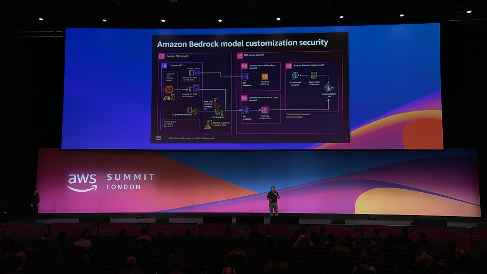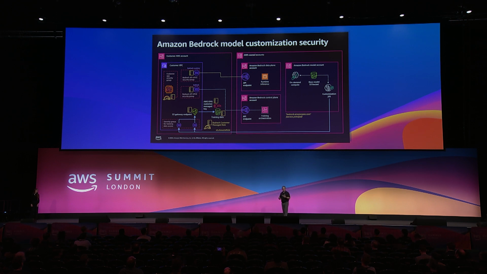Now, one thing it will then do is it will go back to your VPC. It will create two elastic network interfaces, or two ENIs, or more ENIs, in a security group that you've made available to us. That security group is allowed to send traffic to the S3 endpoints, and it's allowed to send traffic to and from itself. And these ENIs are basically used by the training job to get to the S3 bucket.